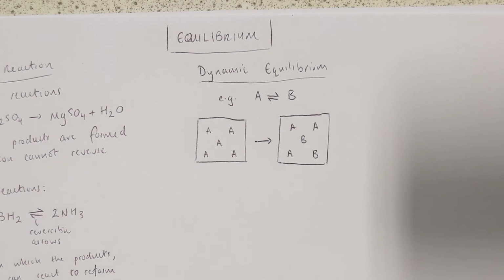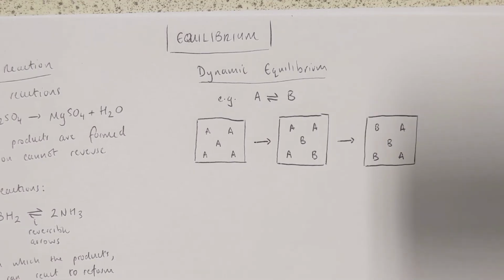Now, if I leave this for a little bit longer, as you might expect, some more A can turn into B as well. But also, because this reaction is reversible, some of the B can turn back into A. So now in this last box, we've got a different arrangement.